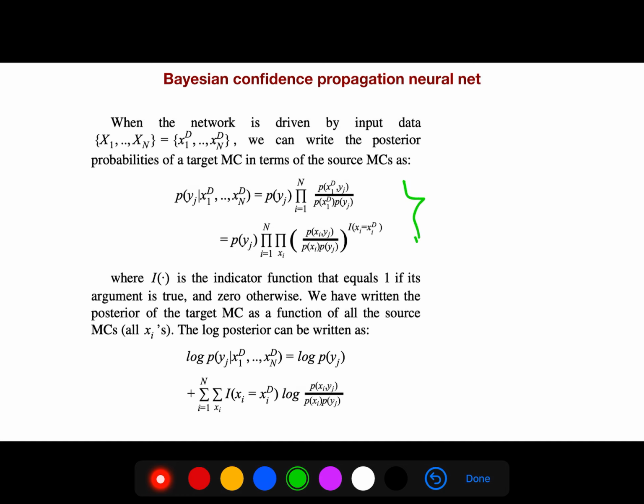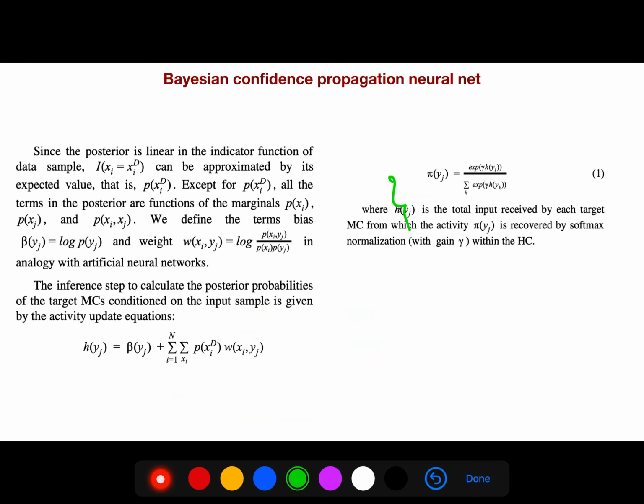And now I is the indicator. This I here is just your indicator function that is one if the argument is true, zero otherwise. So the log posterior, this is important, can be written in this short form. And since the posterior is linear in the indicator function of the data sample, it can be approximated by its expected value. We know this is the expected value of that.